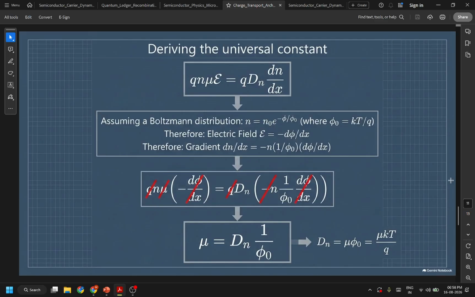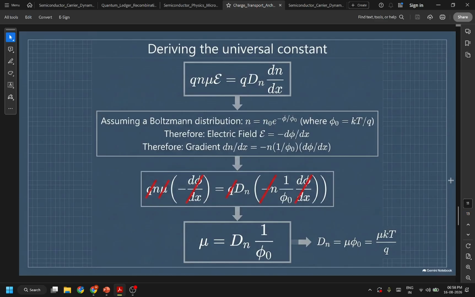So we equate that and we place our values. We assume a Boltzmann distribution n equals n_0 e^(-phi/phi_0), where phi_0 is kT/q. Therefore, electric field will be -dphi/dx. Therefore, the gradient will be dn/dx equals -(1/phi_0) n dphi/dx.